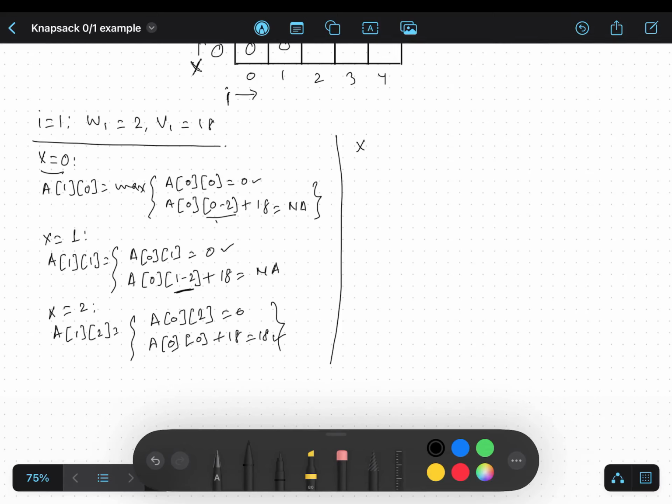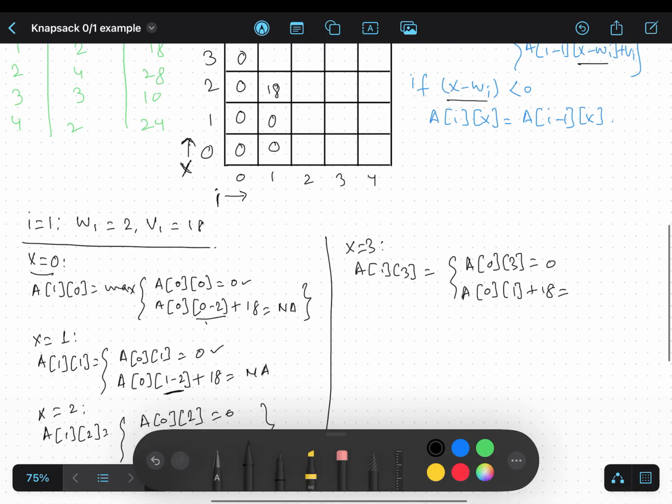Then x is equal to 3, which is A(I, x) is equal to A(I minus 1, x), which is A(0, 3), is 0, and A(I minus 1, x minus W), x is 3 and W1 is 2, 3 minus 2 is 1, plus 18.